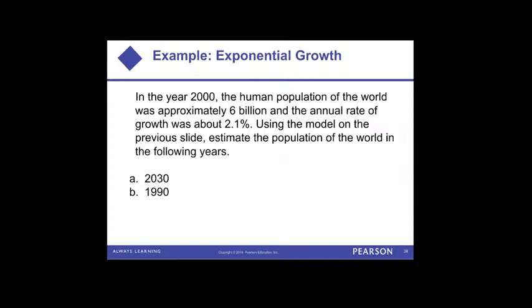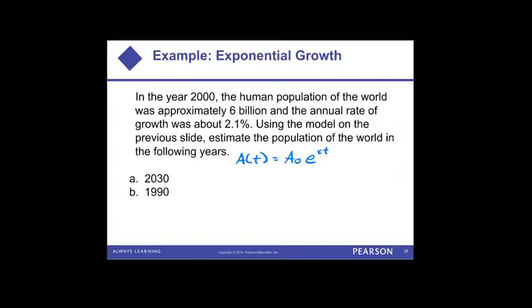So we had A of t equals A naught times e to the kt. I think that's what it was, right? We're going to let the year 2000 be the starting position, so t is equal to 0. In the year 2000, the population was 6 billion, so let's plug that in.